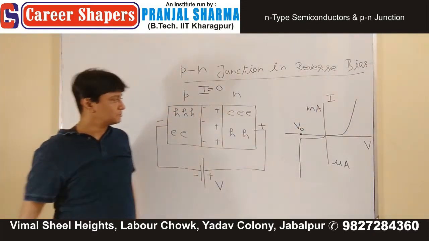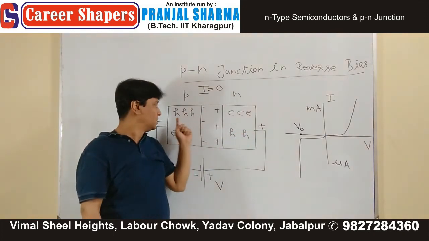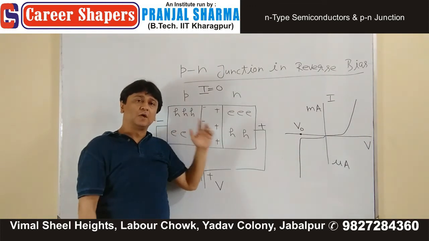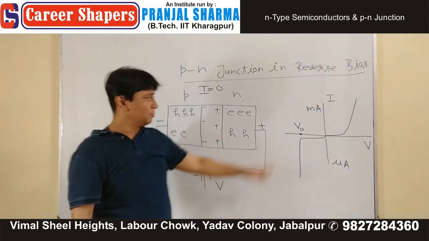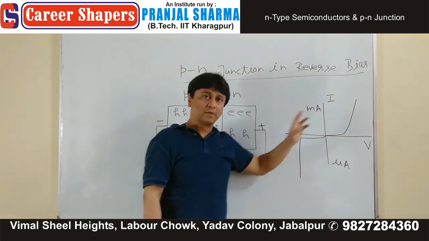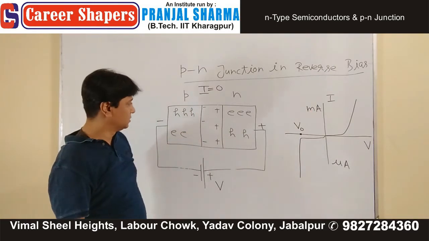In forward, current is because of what? Majority charge carriers. Majority means more current, current in milliampere range. But just look at the whole structure.